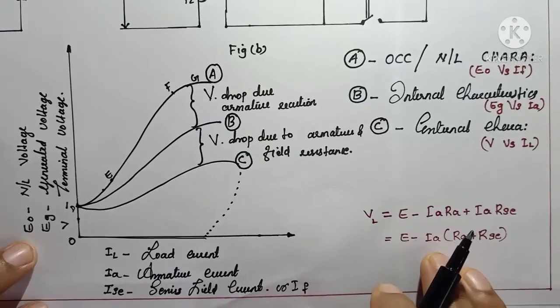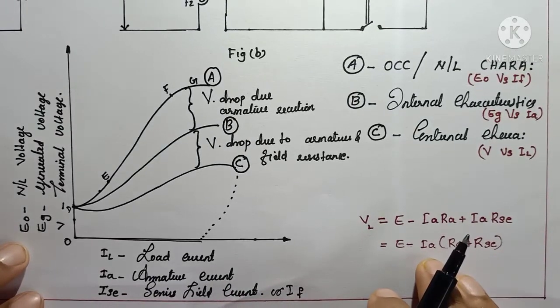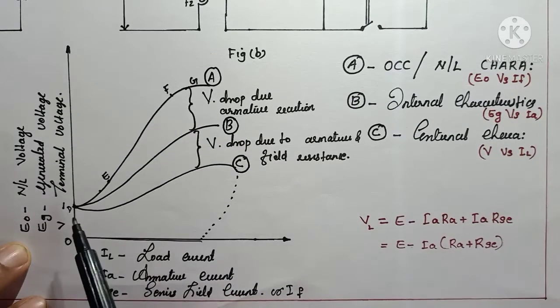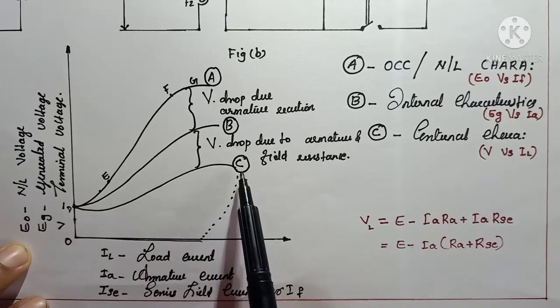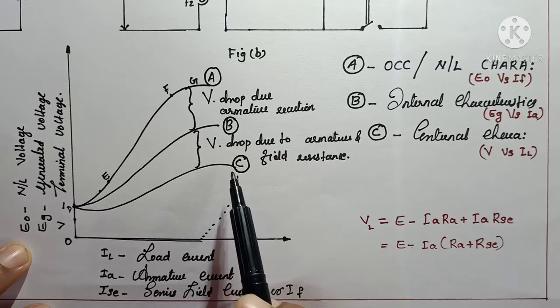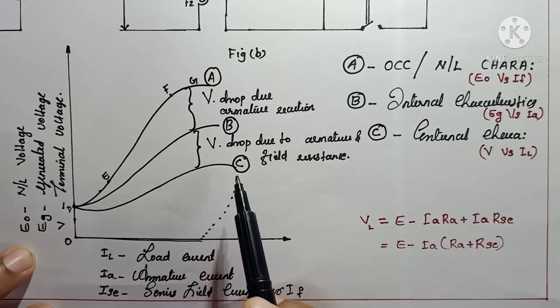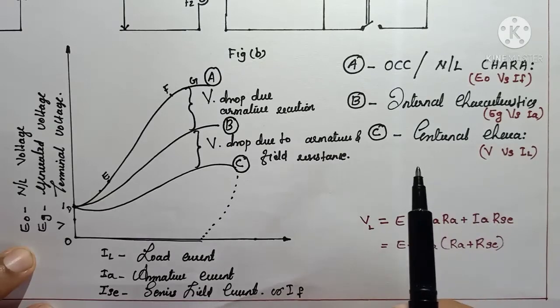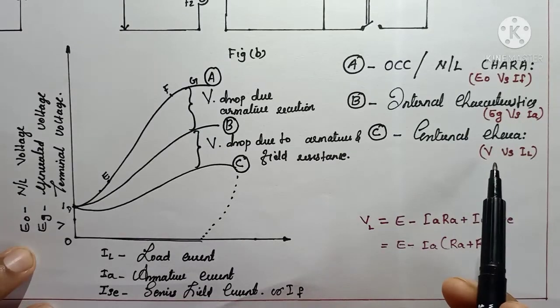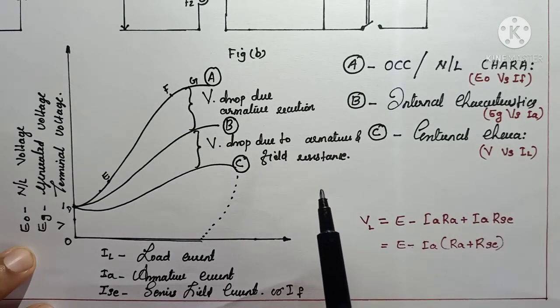Okay, third we can discuss the external characteristics. The graph C will show you the external characteristics, and that will give you the relationship between the load voltage and the load current, V and IL.